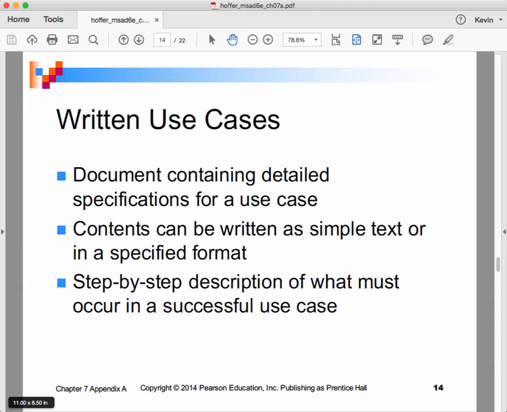So we have a narrative story, okay? And there's also a very big emphasis on trying to describe the successful use case. So we try to have information in there about what can go wrong, but the general emphasis is on what happens when everything goes correctly.